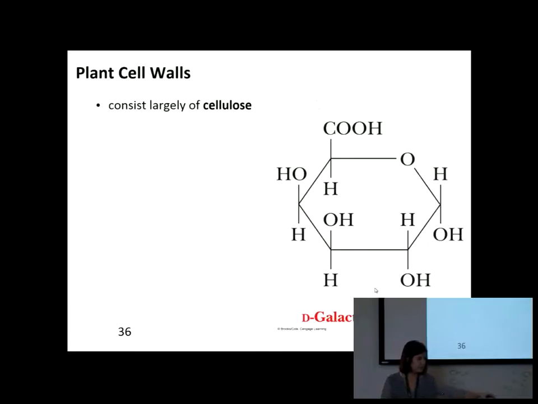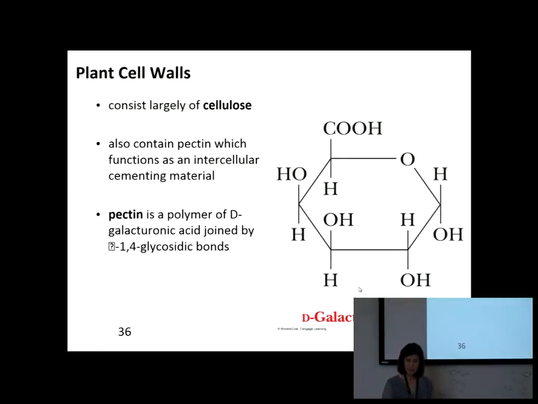Plant cell walls are mostly cellulose, right? Like that, but they also contain pectin, and that's alpha right here. This is alpha. So pectin draws water in. It has an acid here. This is the bottom. This is carbon number 6 that has turned into an acid, so it's a uronic acid.